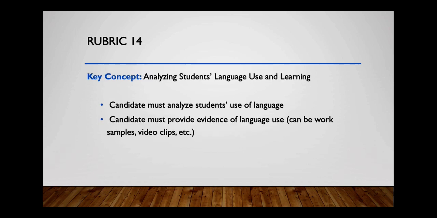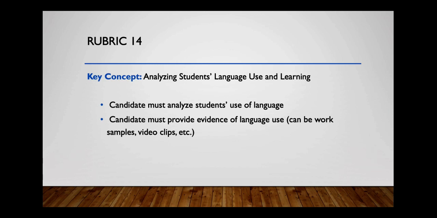Rubric 14. Candidates must analyze students' use of academic language. They must provide evidence of language use. This could be on their work samples, or there are optional video clips that you can submit. You can go back into your video teaching and find students using the academic language, discussing or whatever, and that could be evidence of language use.